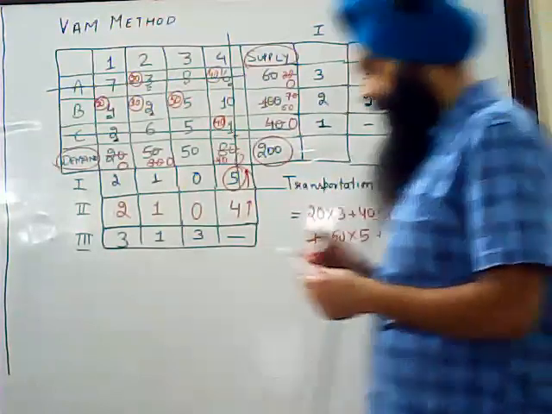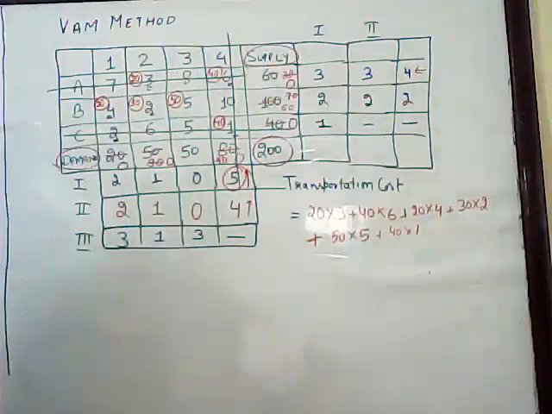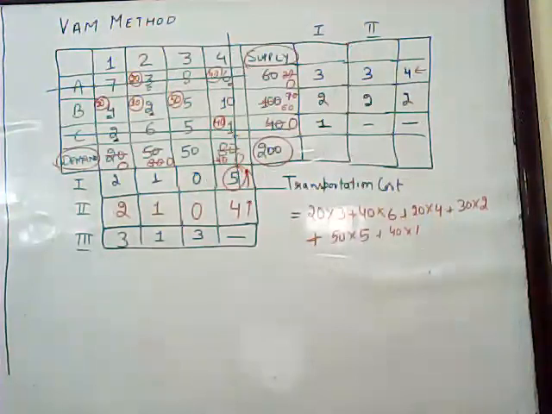So we can multiply all the values. The total value is 730. The transportation cost using the VAM method is 730.